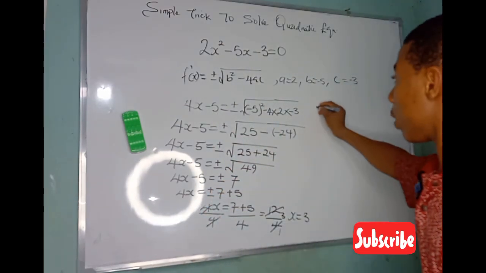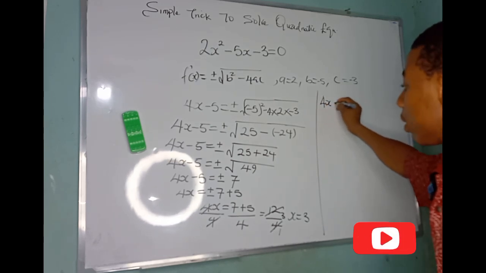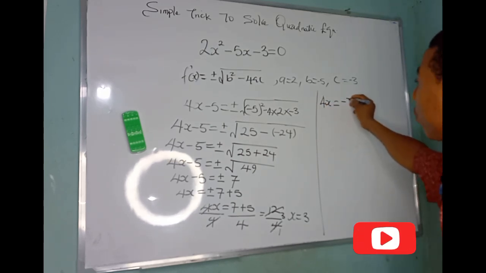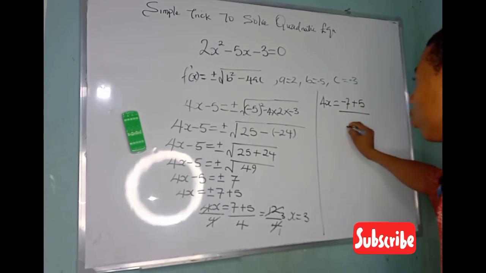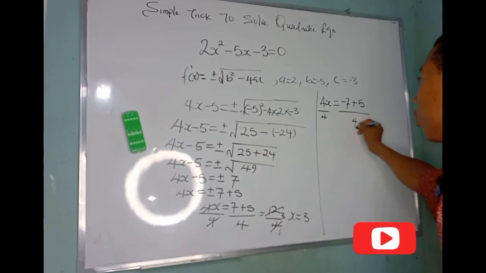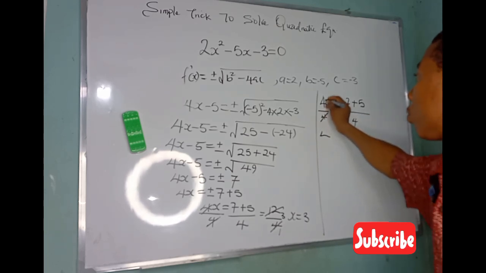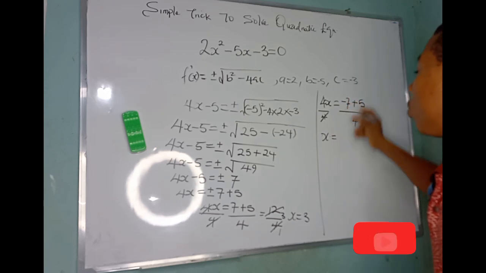Now let's take the negative side. We have 4x equals minus 7 plus 5. I divide both sides by 4, and we have x equals minus 7 plus 5 over 4.